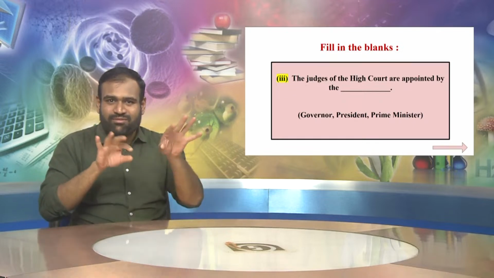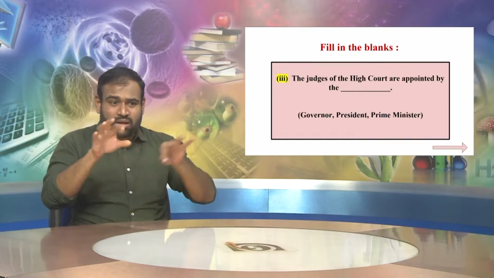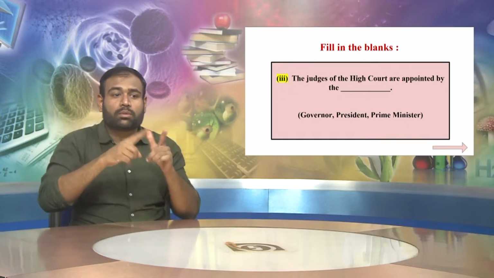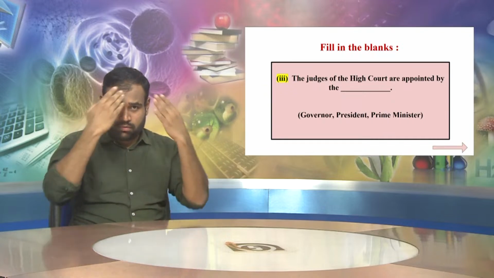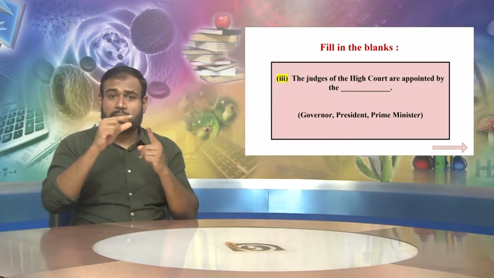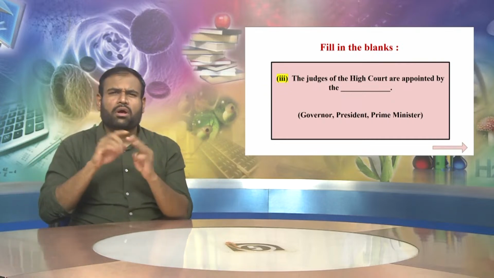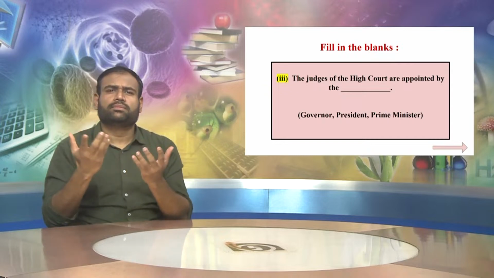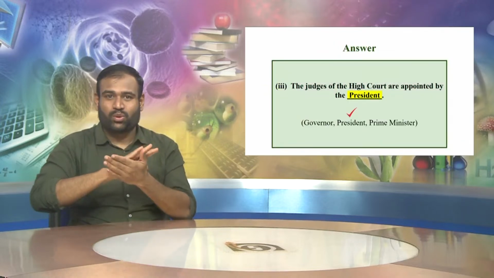Question number 3. The judges of the High Court are appointed by the dash. Options: Governor, President, Prime Minister, and the correct answer is President.